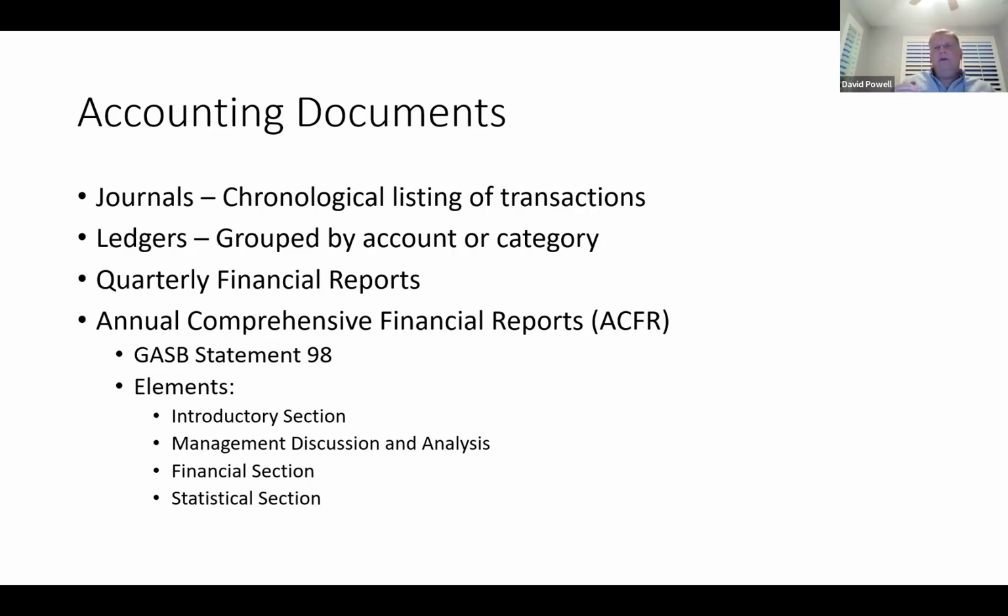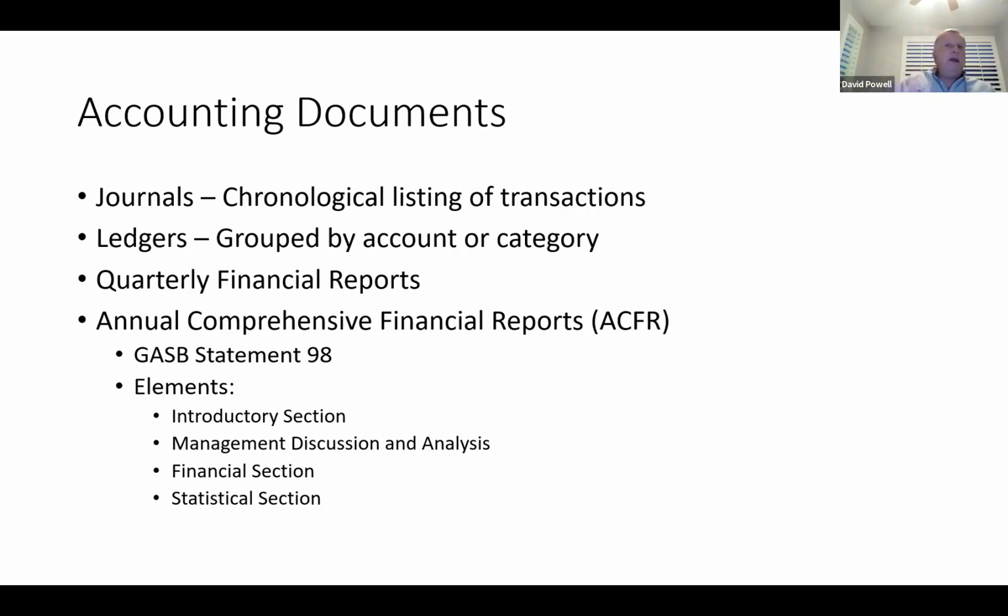It will give you trends in terms of things such as long-term debt. Has the long-term debt increased greatly over the past few years? Has it decreased? All that trend information, the assessed value of property, corporate as well as individual property, all those trends will also be provided to you in the statistical section.